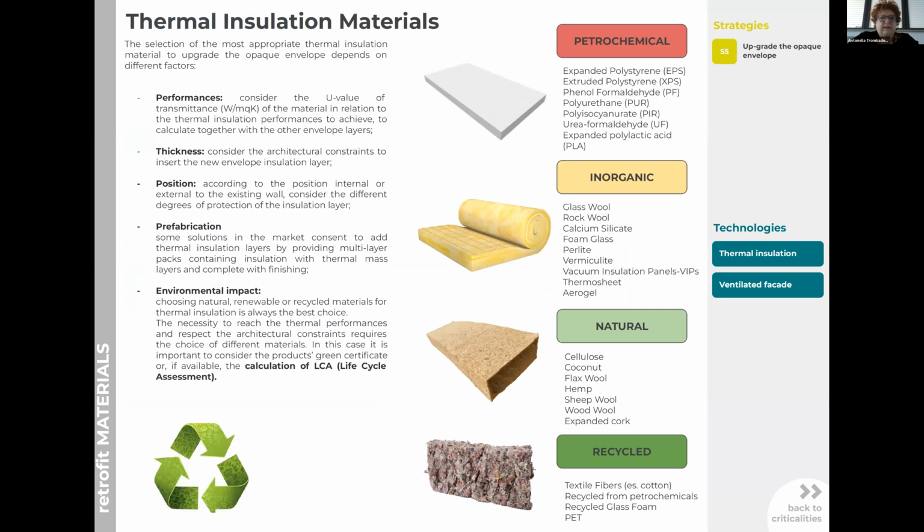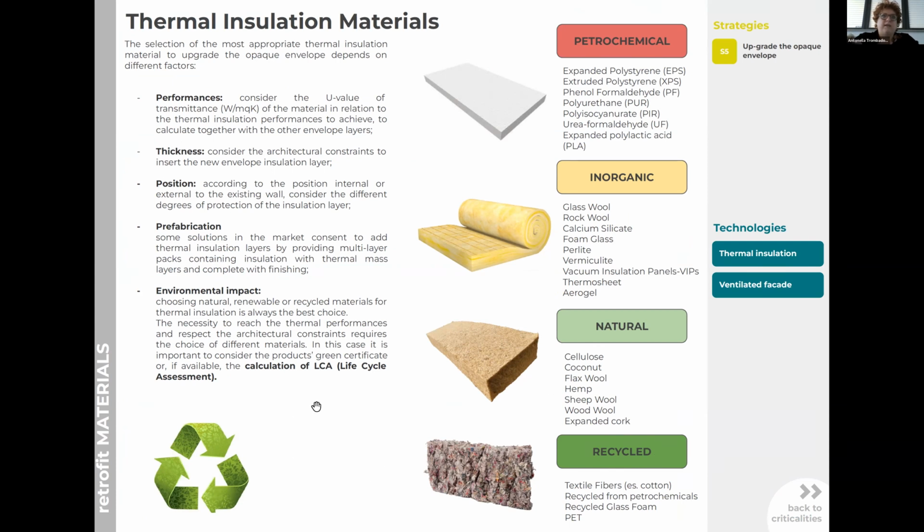In the scale of the material, we are proposing some useful material, especially in order to improve the environmental quality of the building. So reducing the impact of the material and especially orienting the selection to natural or recycled material.